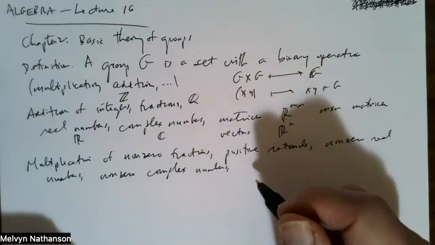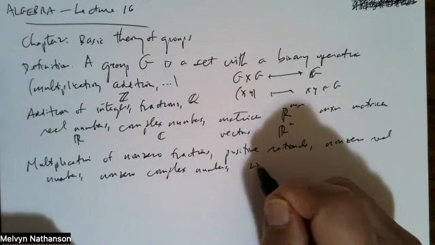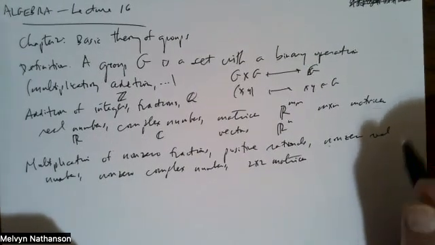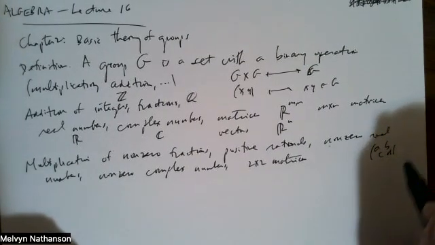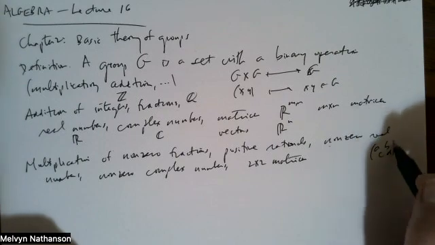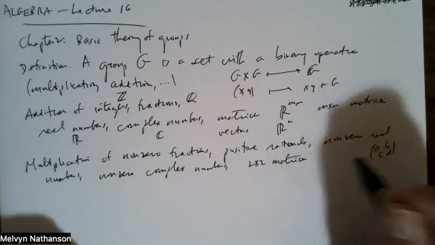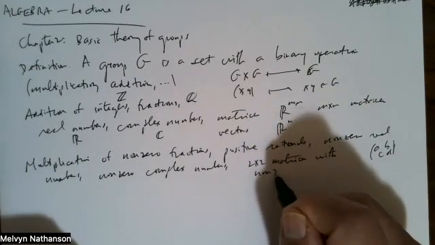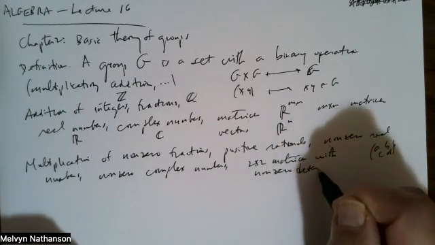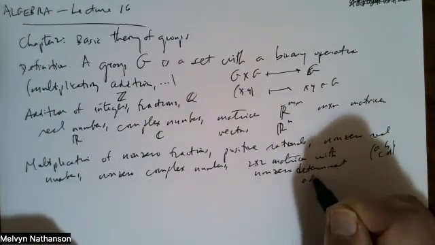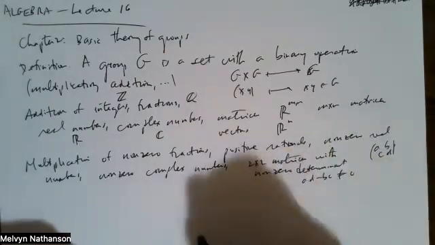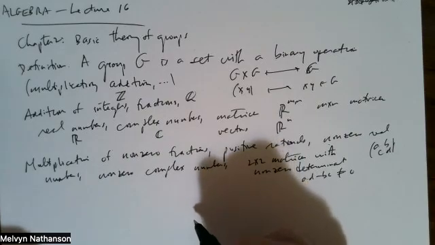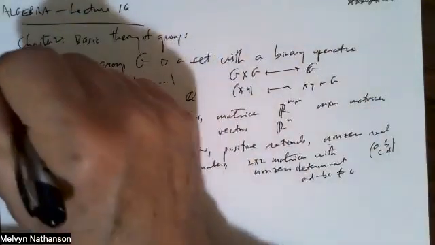And even, for example, 2 by 2 matrices, right? Everyone's had linear algebra, that's a prerequisite, A, B, C, D, but you can multiply any 2 by 2 matrices, but you only have a group if they have, let's say, non-zero determinant. AD minus BC not equal to 0. So these are all examples of groups, but I need to give the formal definition of a group.